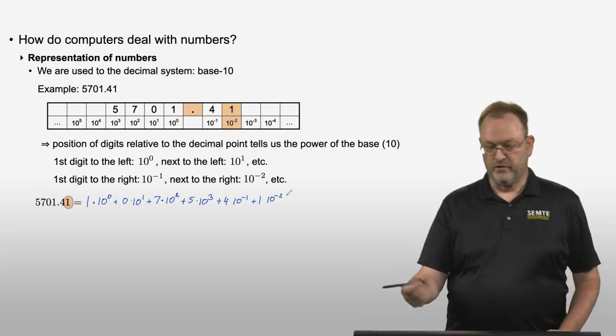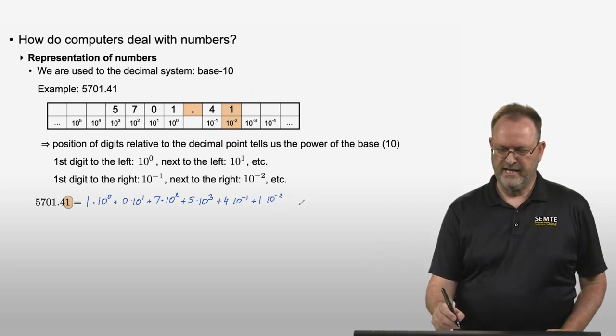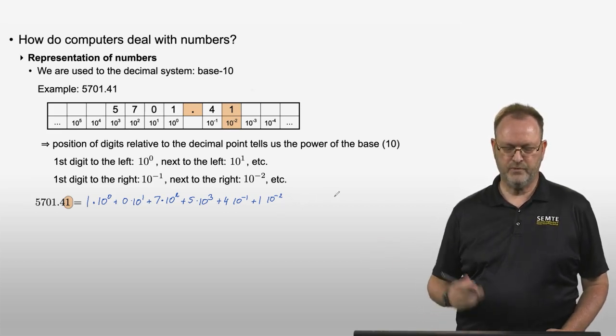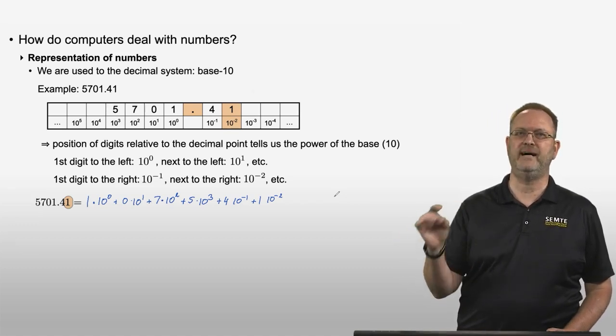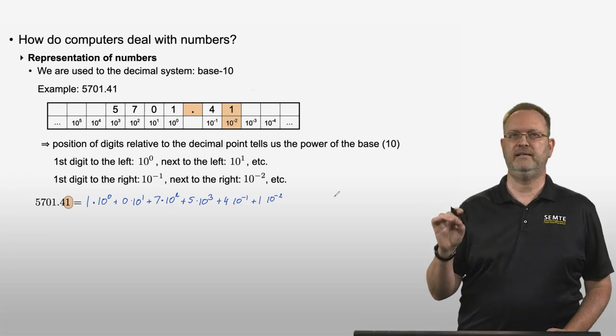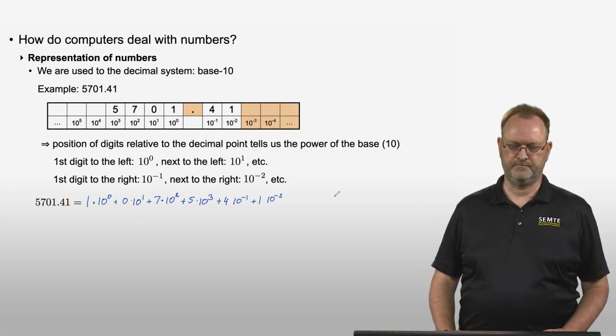And then there are zeros that follow that we typically don't write in the actual number, so we won't have to add them here. So this would be the number 5,701.41 expressed as a sum of digits multiplying the different powers of 10.